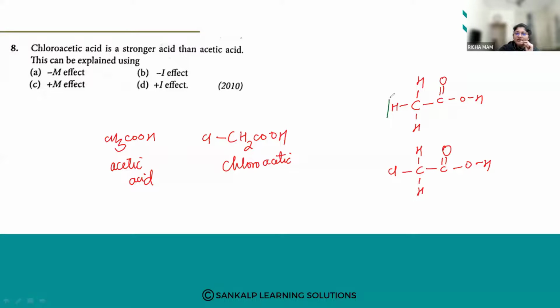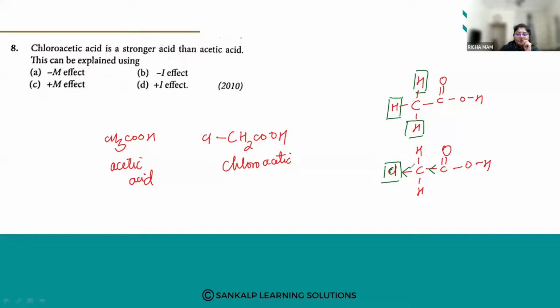Now here hydrogens are present, and as compared to hydrogen, chlorine is there. Chlorine is a highly electronegative group, so it will tend to pull the electron towards itself. Compared to oxygen, chlorine is highly electronegative.